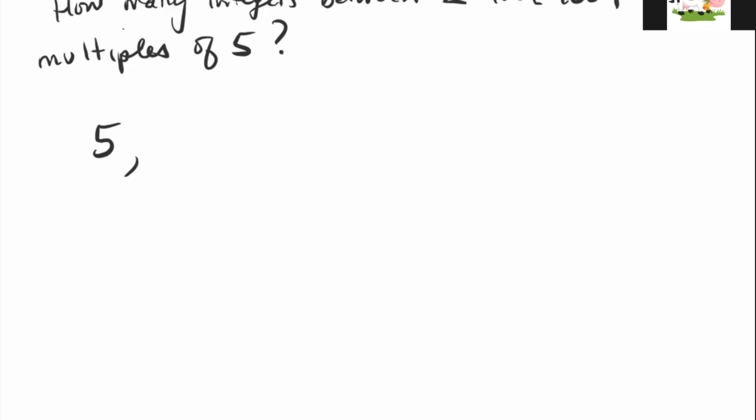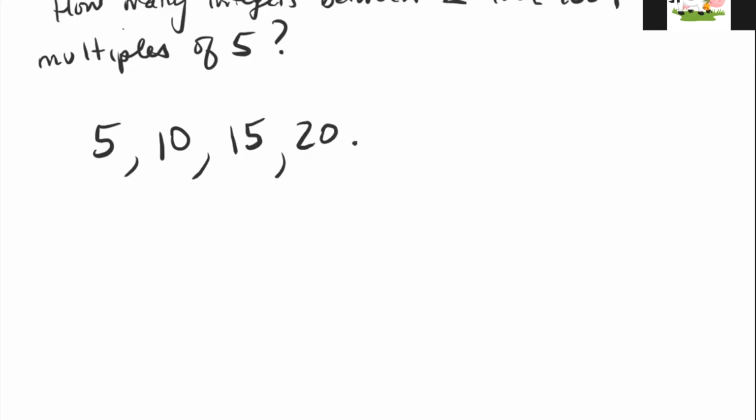We can just count up by 5s, right? 1 times 5 is 5. 2 times 5 is 10, right? 10 is a multiple of 5. What's the next multiple of 5? 15. So 15 is 3 times 5, right? And we can keep going.